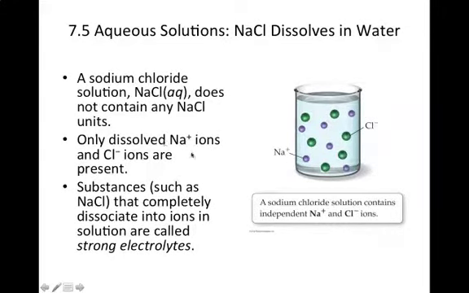So only dissolved sodium ions and chloride ions are present. Substances such as sodium chloride that completely dissociate into ions in solution are called strong electrolytes. That's where that term electrolytes comes from. That's where the cations and the anions are dispersed throughout the solution.